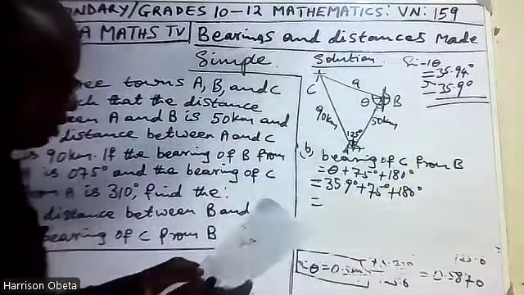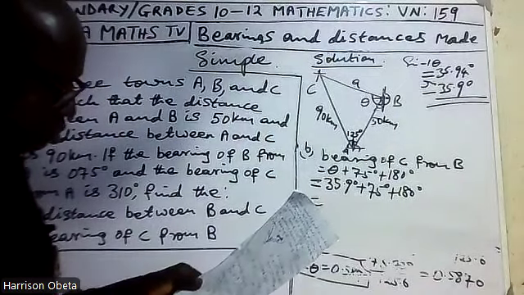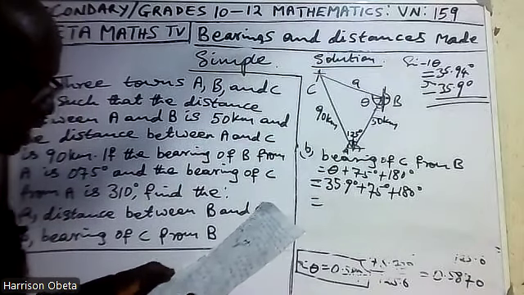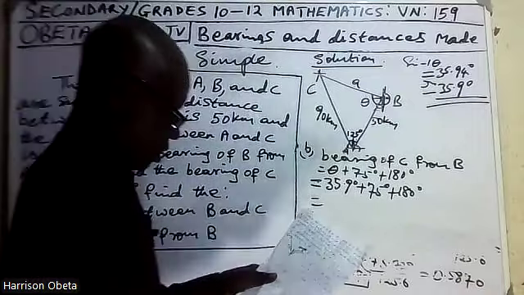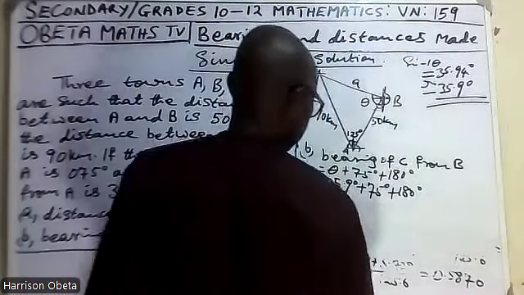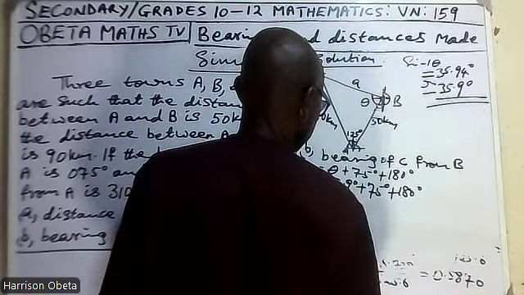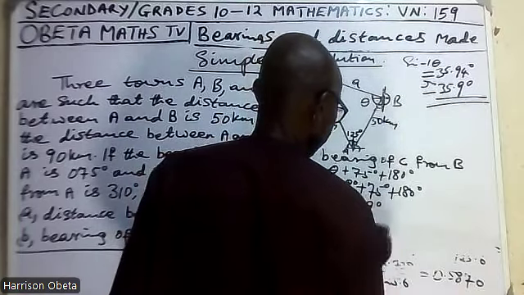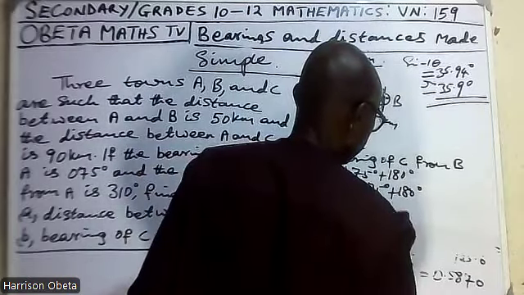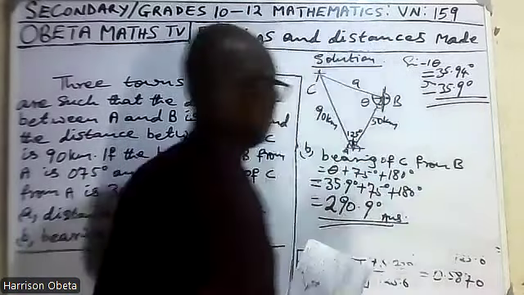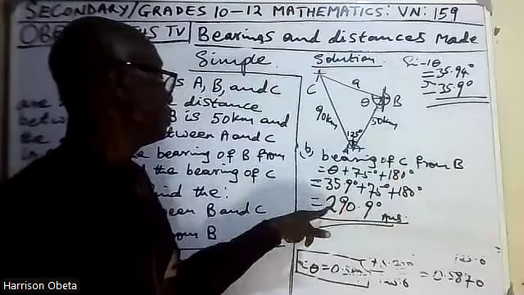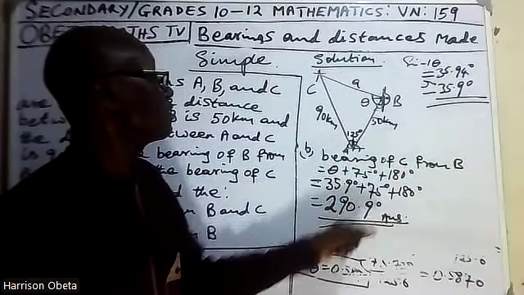And that will give us 290.9 degrees approximately. So we have seen that the bearing of C from B is 290.9 degrees.